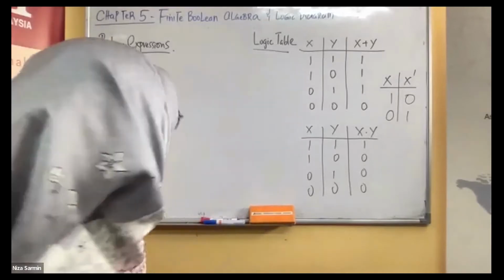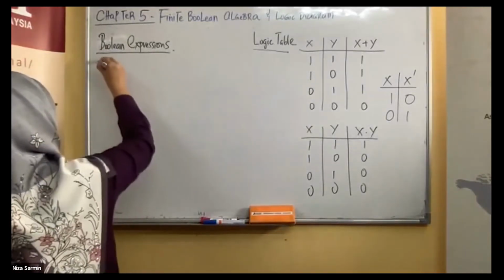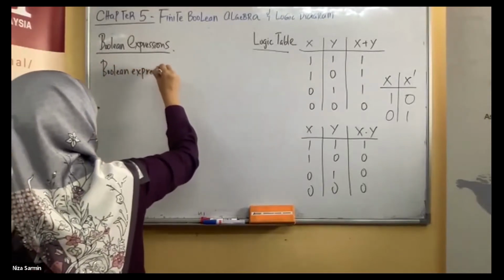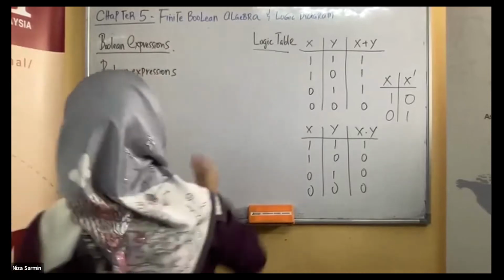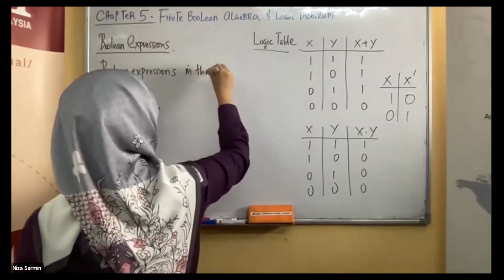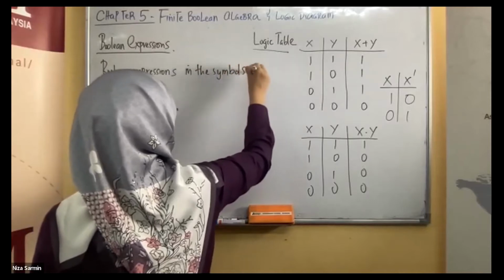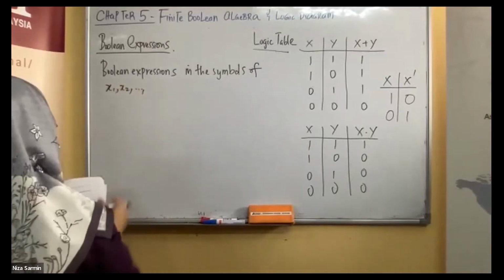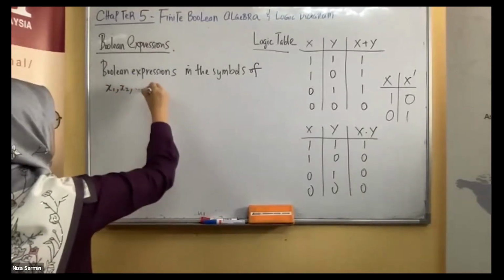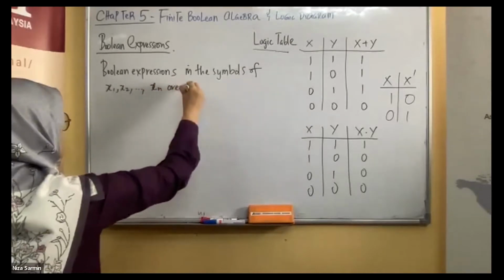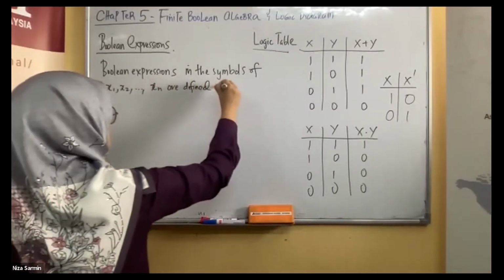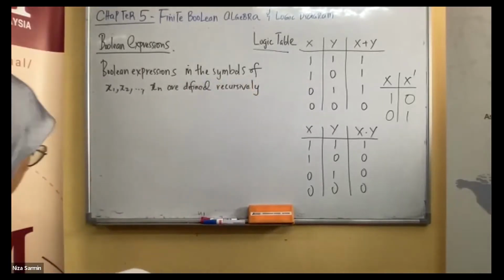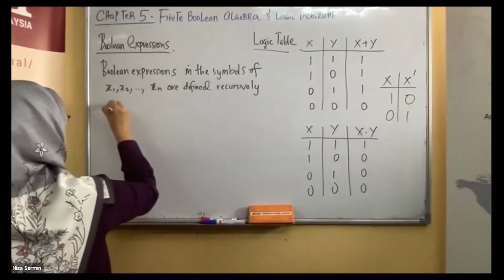Okay, so Boolean expressions. I use the symbols x1, x2 until xn, which are defined recursively as follows.